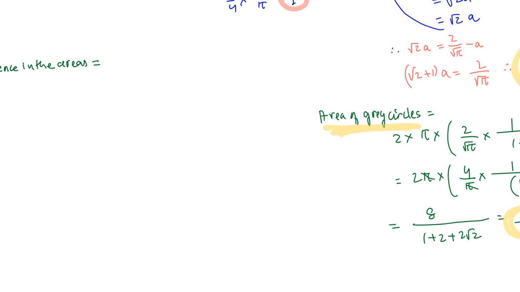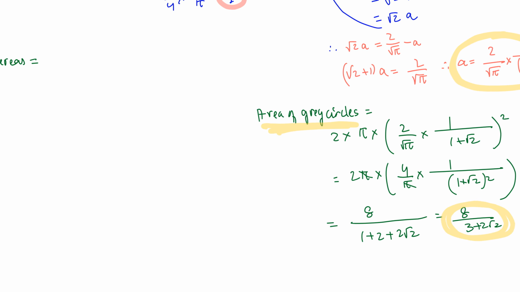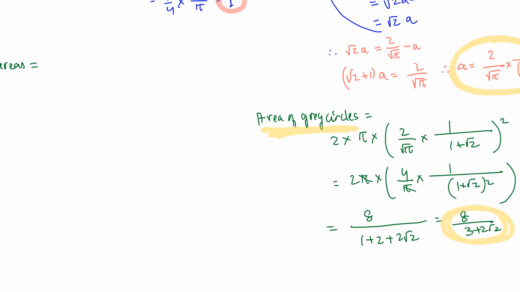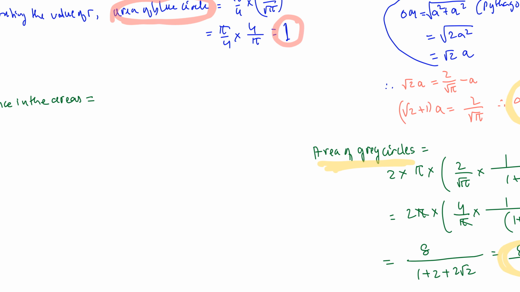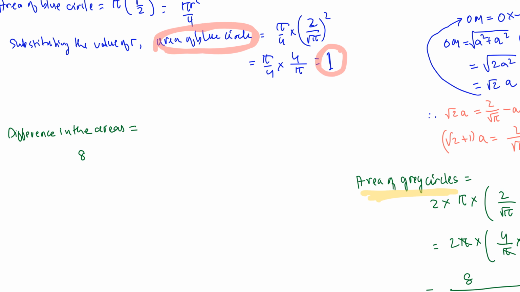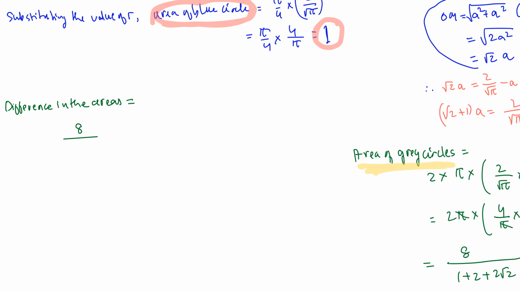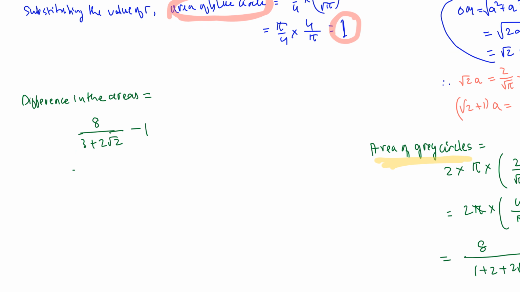It will be 8 over 3 plus 2 root 2 minus 1. That is equal to 8 minus 3 minus 2 root 2 over 3 plus 2 root 2. So that is 5 minus 2 root 2 over 3 plus 2 root 2.